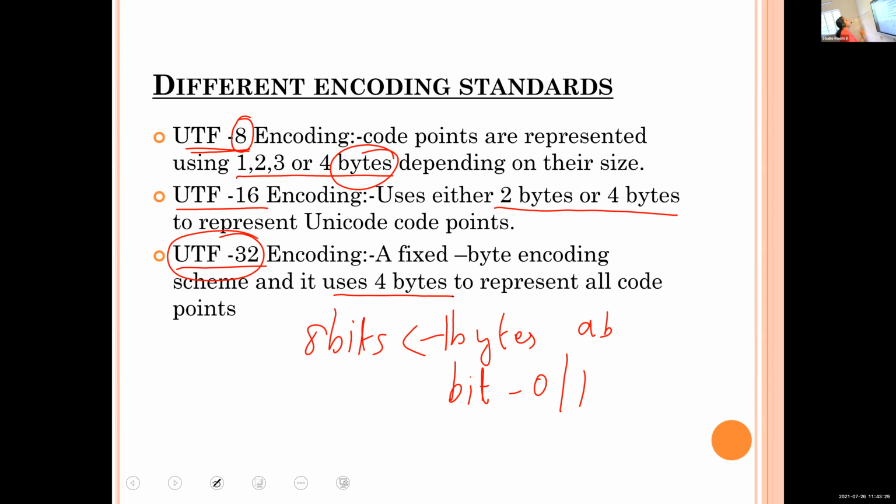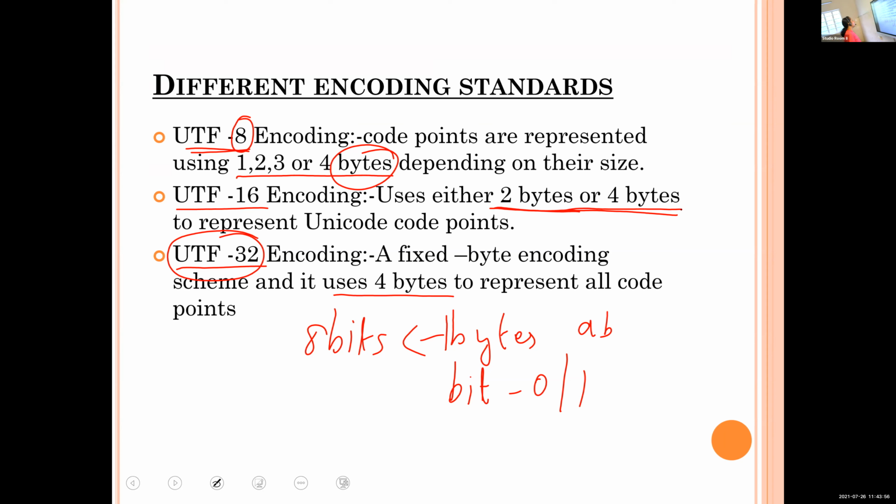So different encoding standards, based on minimum space, divide UTF into 3 sections. The first one is UTF-8. 8 means we can use not only 4 bytes, we can use 1, 2, 3 or 4 bytes. For UTF-16 we use 2 or 4 bytes only.